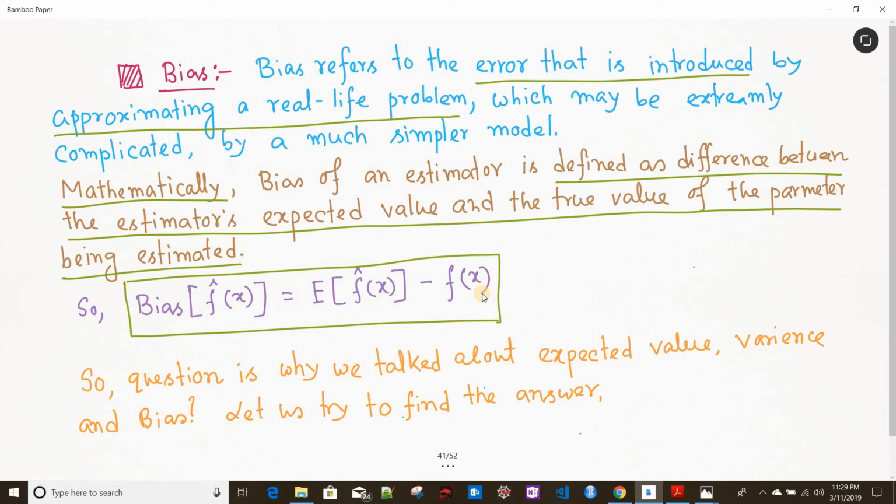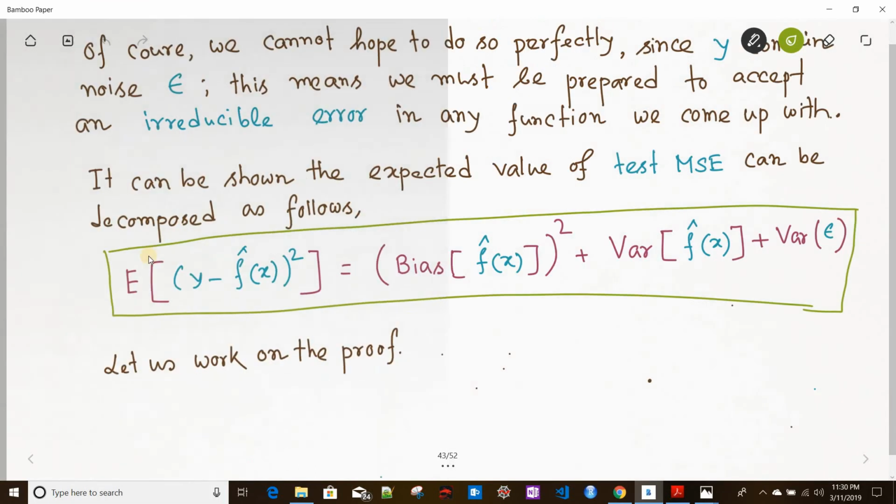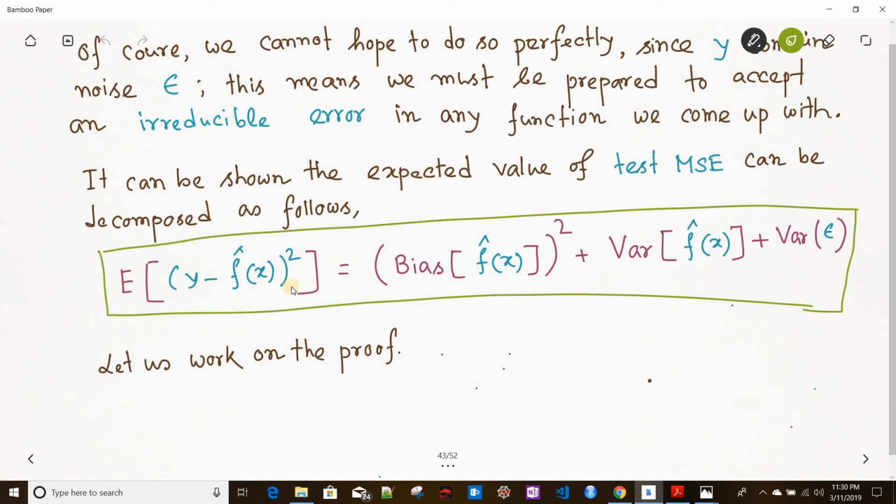There is a reason behind this: we want to determine the expected value of test MSE, and we'll see it in future. The expected value of our test MSE is dependent on the bias squared plus variance plus the variance of the irreducible term. So it's directly dependent on the bias and variance.